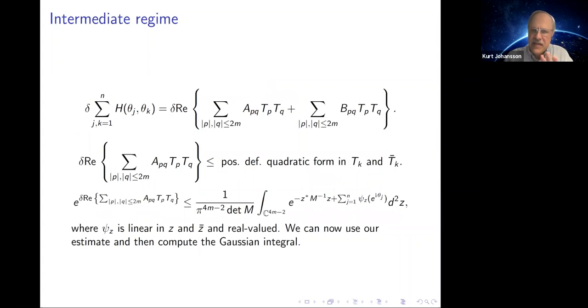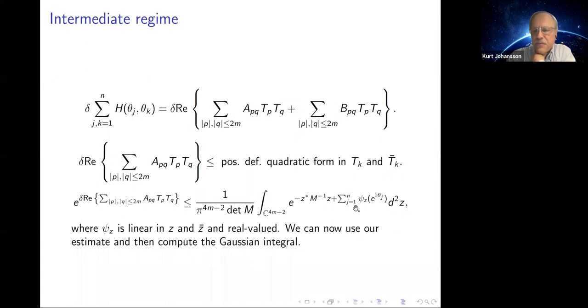I'm not giving the details here because it would be a little involved, but if you have something like that, then e to this positive quadratic form you could write as a multidimensional Gaussian integral in this way, where the quadratic form comes in. But then it would be something linear in these t pieces. So this psi_z of e to the i theta_j depends on z and z bar, but in a linear way.